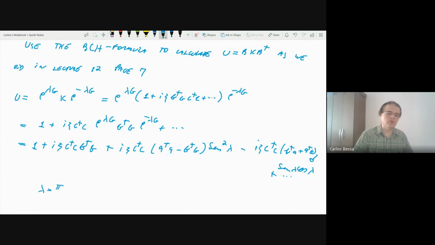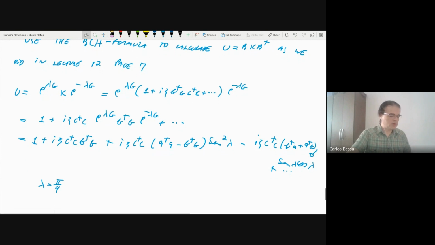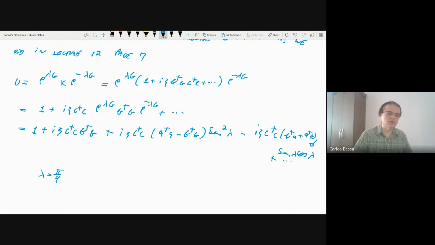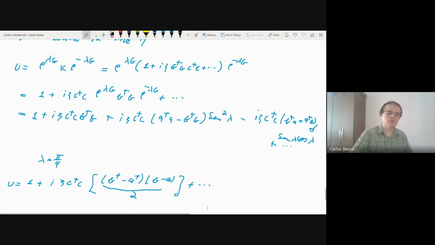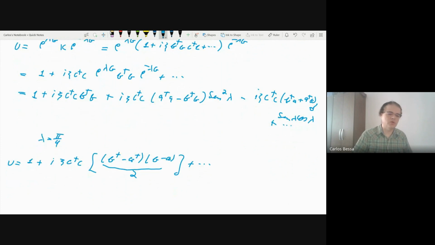And for lambda equal to pi over 4, we can find this U can be written in this way. I C dagger C, B dagger minus A dagger, B minus A over 2, plus higher order terms. And this could be written in terms of exponential.